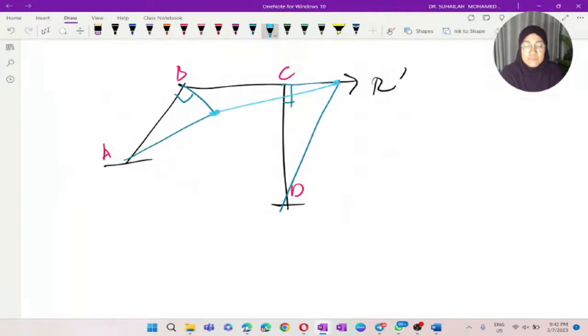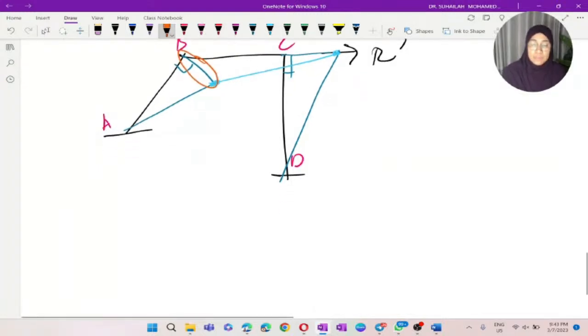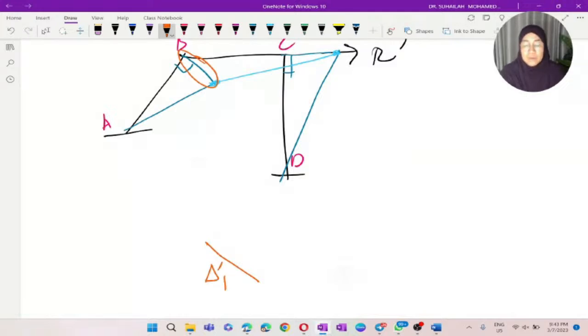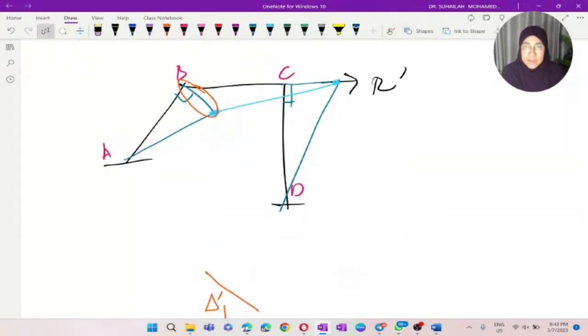So from this, the delta for AB we label as delta 1 prime. This position is the delta. Then we get the delta for member CD as delta 3, this one.